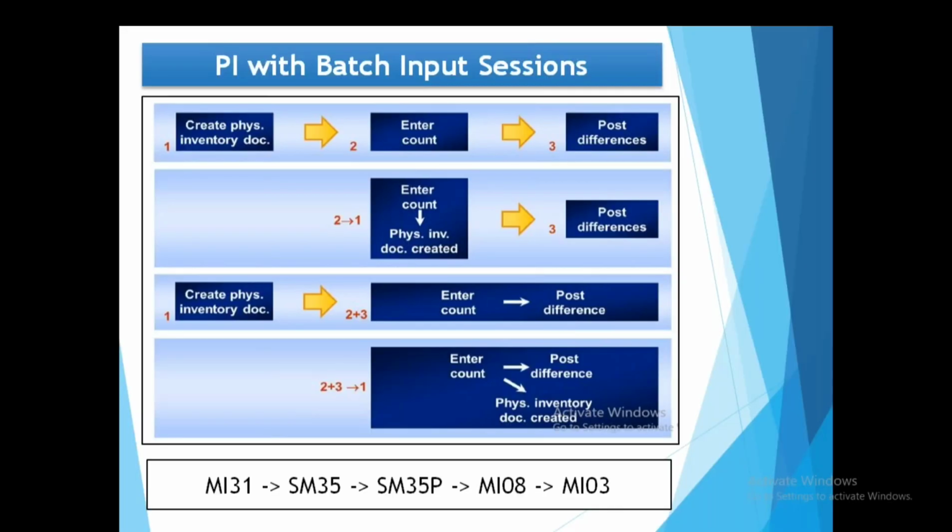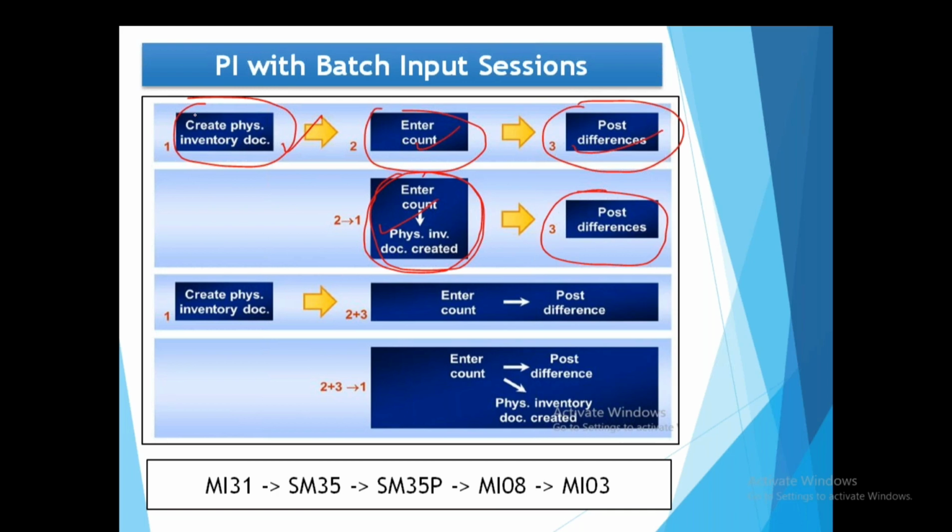So here this batch input session can be carried out in three phases. They create the physical inventory document, enter the count, and then post the differences. Three separate phases they can do, or they will enter the count and create the physical inventory document at the same time, and then post the differences.